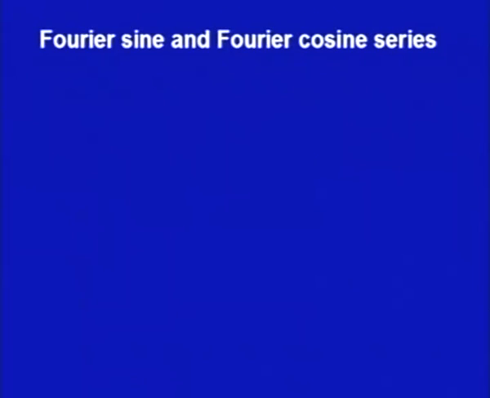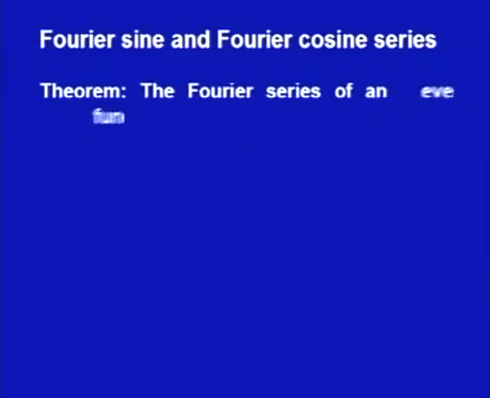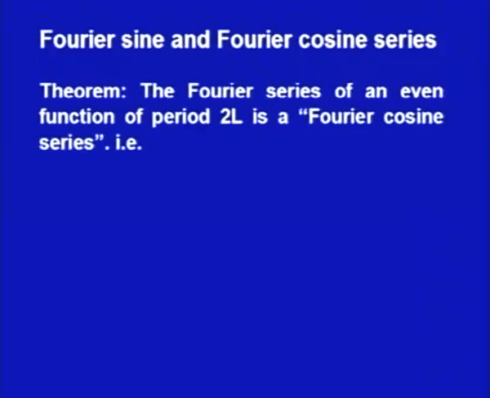Now, let us see what is happening with these functions in the Fourier series. The result here is that the Fourier series of an even function of period 2L is a Fourier cosine series.